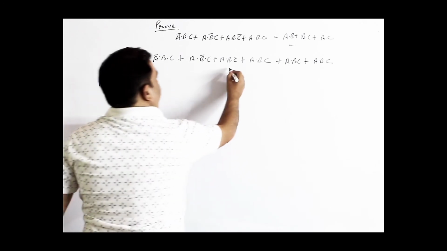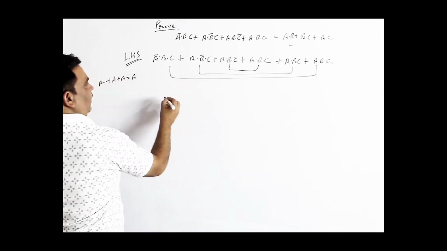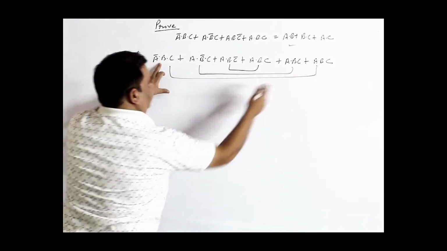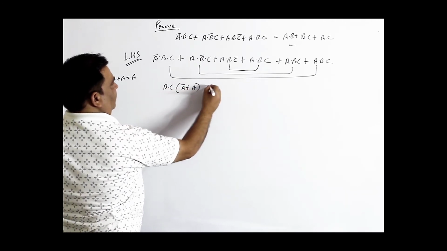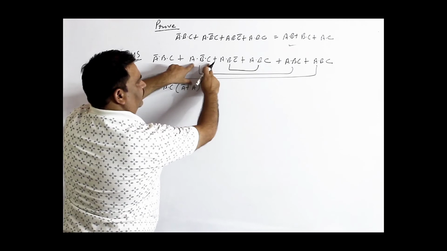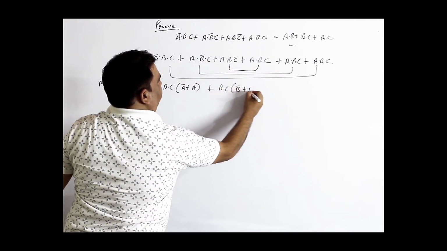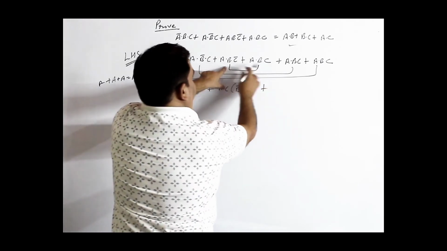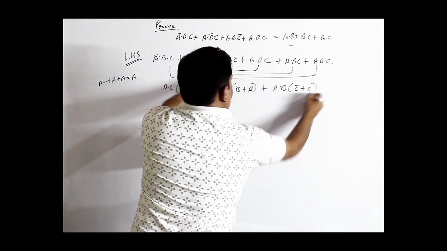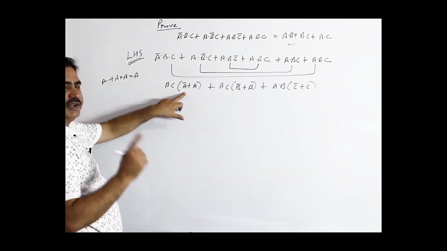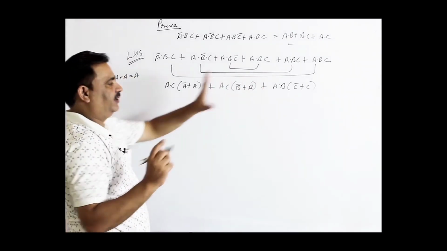Now take common from these two and from these two. Very simple. From the first and last term, the common is B dot C inside A complement plus A. From the next term, the common is A dot C inside B complement plus B, plus in these two terms the common is A dot B inside C complement plus C. A plus A complement is 1, in the same way B plus B complement is 1 and C plus C complement is 1.